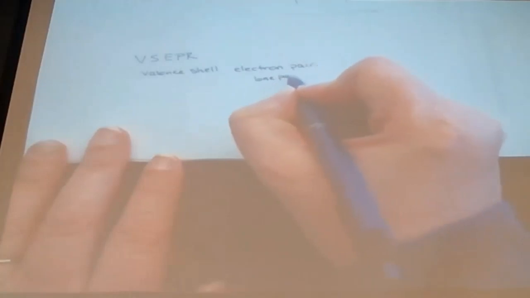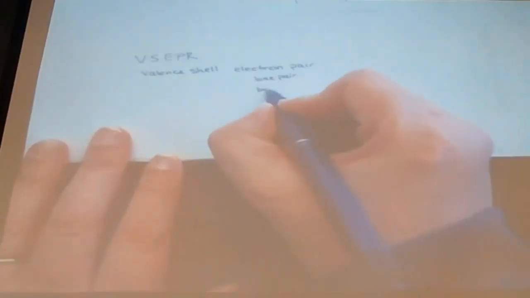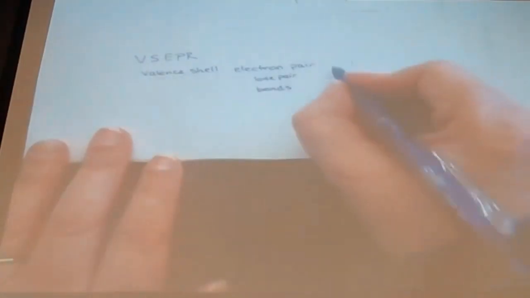We have two kinds of pairs that we've talked about. What's one of them? Lone pair. That one we actually call a pair. The other way we have pairs of electrons is with bonds. Okay, valence shell electron pair repulsion.